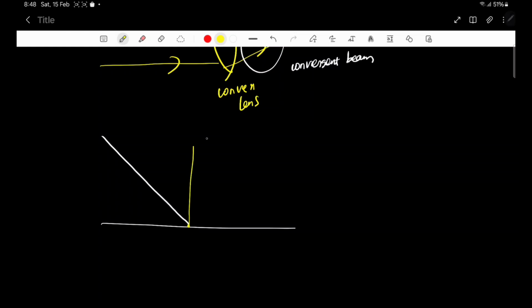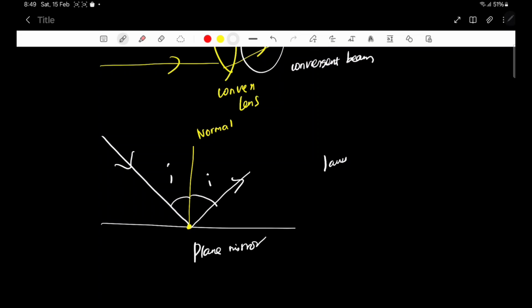At this location, I have drawn a normal line. These incoming light rays make a certain angle to the normal line. So the law of reflection tells us that if the incident ray makes some angle with respect to the normal, the reflected ray will also make the same angle. This principle is called the laws of reflection.